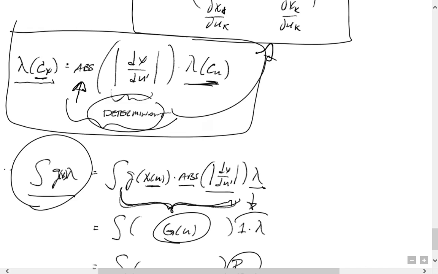Plug that in. So it's the function originally as we had it, only now it is evaluated at x of u, as a function of u. Multiply it by that scaling factor, which is the absolute value of the determinant of dx du, times lambda, where this lambda is now associated with a partition related to u rather than x.